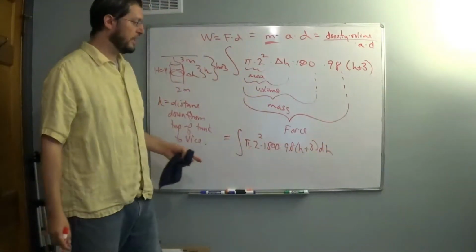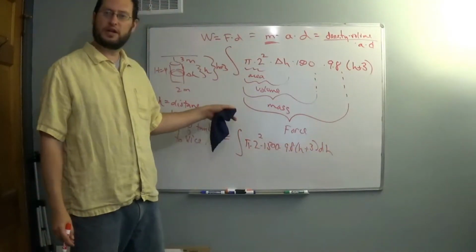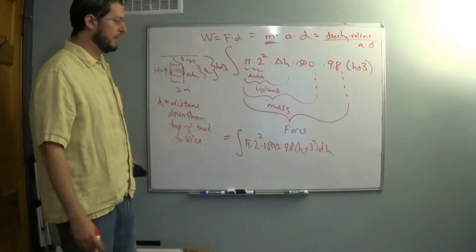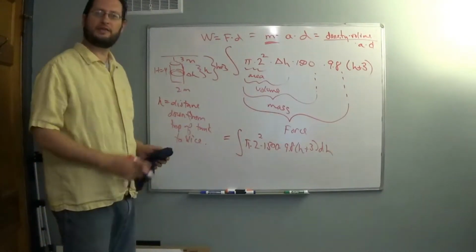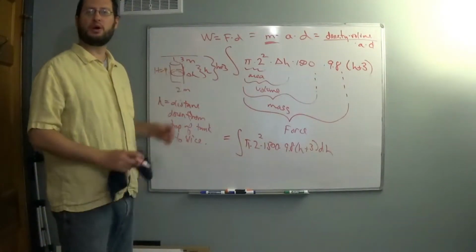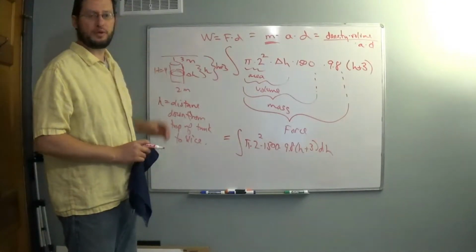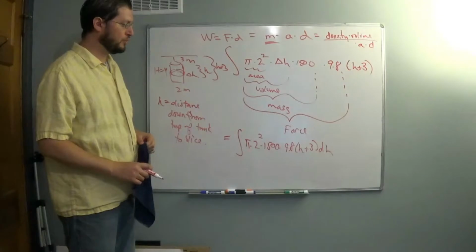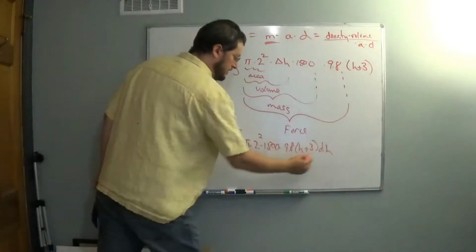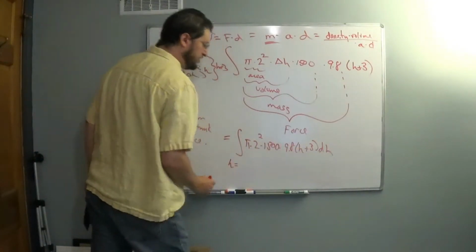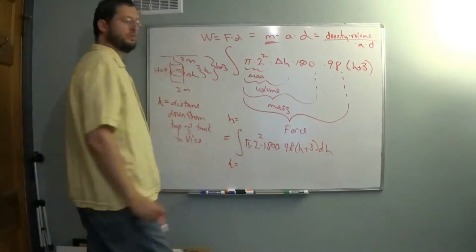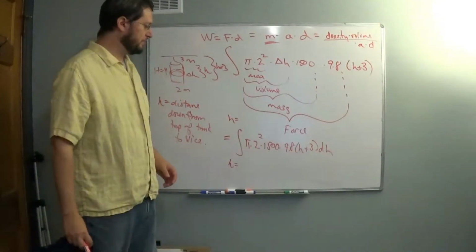And the only question then is, what are the limits of integration? This is another part where you have to be careful, especially if we have something below the surface level and we have an extra amount that we're adding to it. So h is my variable, so this had better be h equals something to h equals something on my limits of integration.